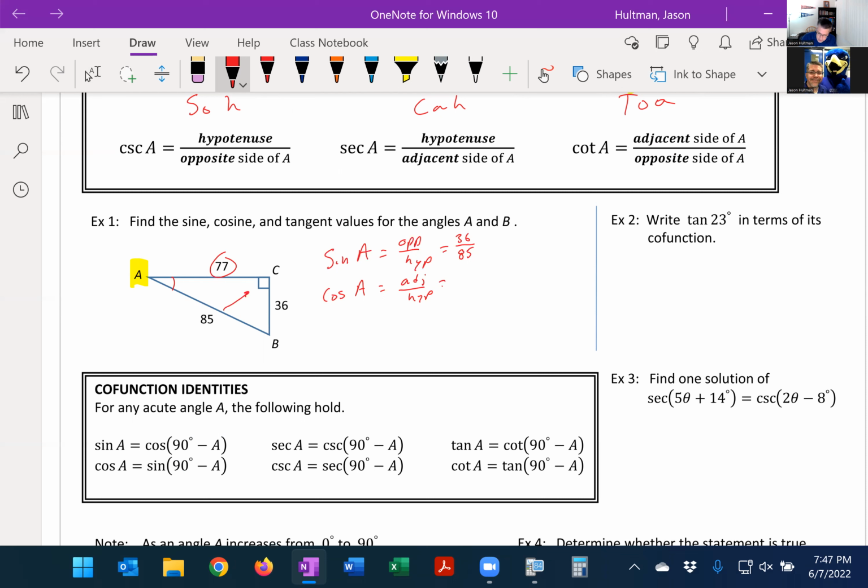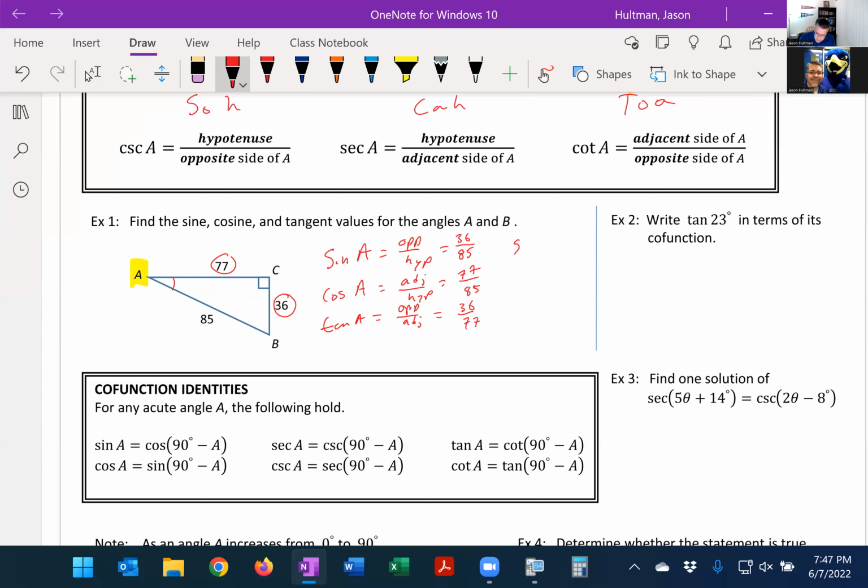So that's 77 over 85. And the tangent of A, that's going to be the opposite over the adjacent. So the opposite is 36, the adjacent is 77, so I'm going to get 36 over 77.